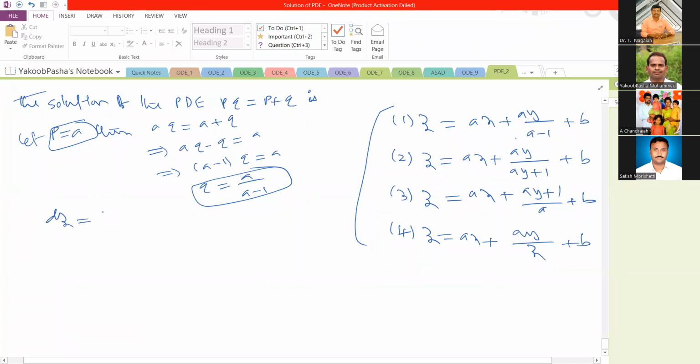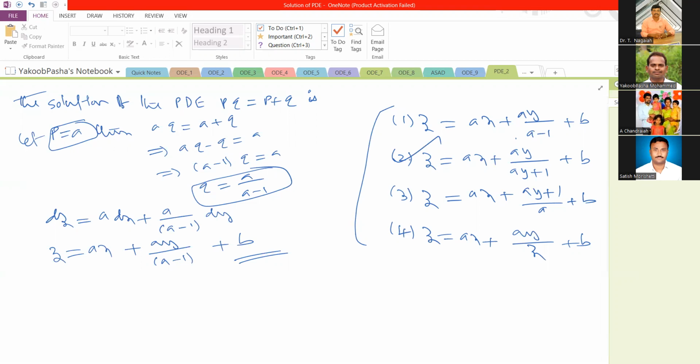The general solution can be obtained by integrating dz is equal to pdx plus qdy, that is a dx and a by a minus 1 into dy. So by integration, z is equal to ax plus ay by a minus 1 plus arbitrary constant b. This is the general solution, and the first option is the right option.